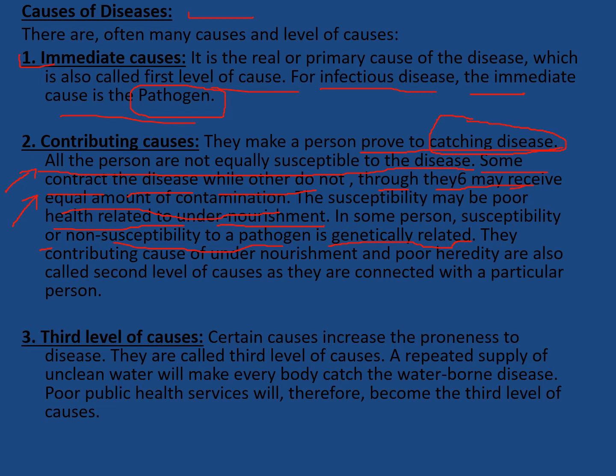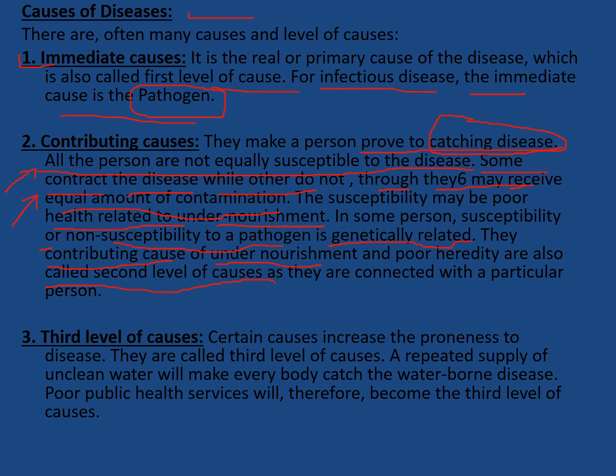Because of that, their susceptibility will depend on it. The contributing causes of undernourishment and poor hereditary are also called the second level causes, as they are connected with a particular person. And this poor nourishment, that is the immune system, and the hereditary are considered as the second level, that is the contributing cause.